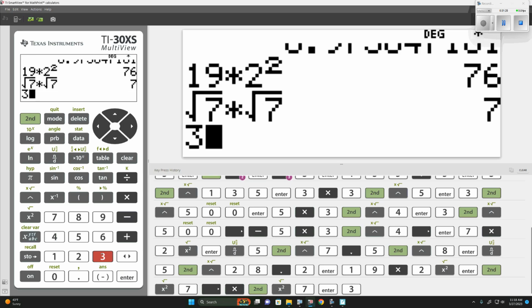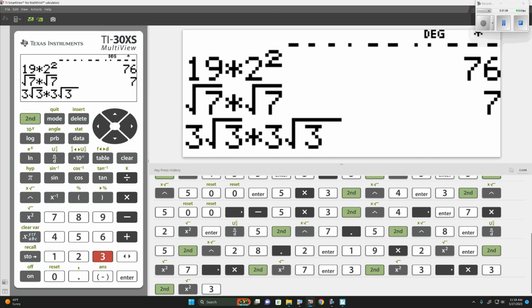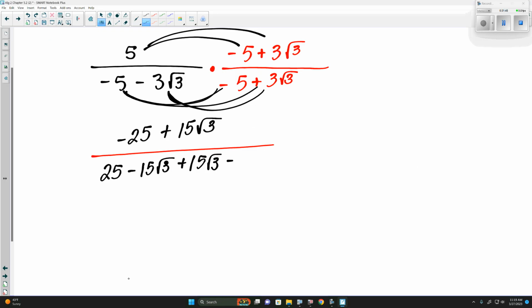But now we need to multiply three square root of 3 times 3 square root of 3, which is 27.